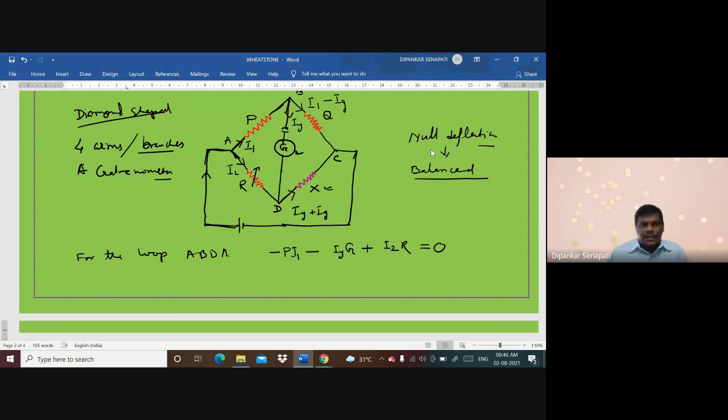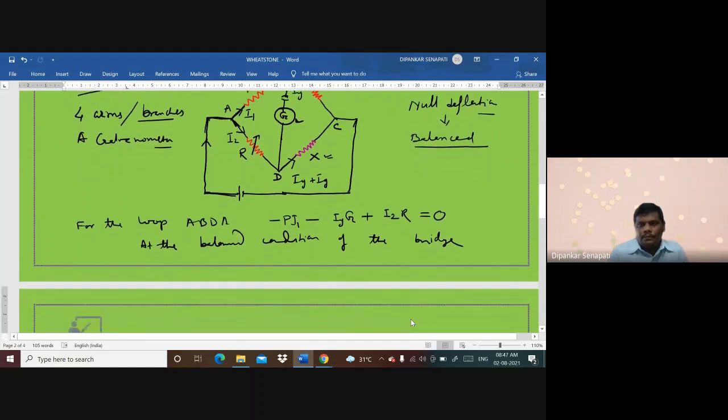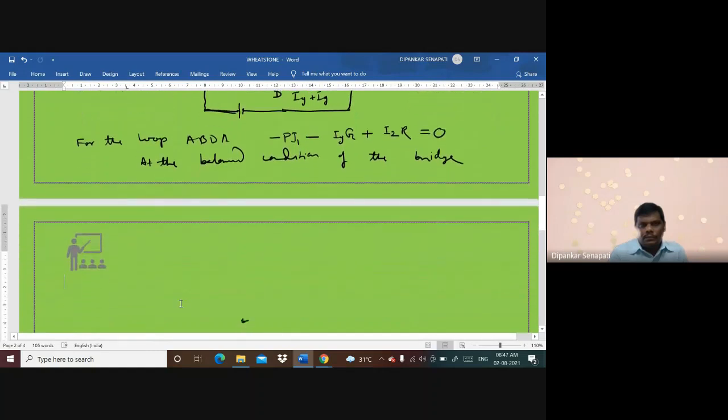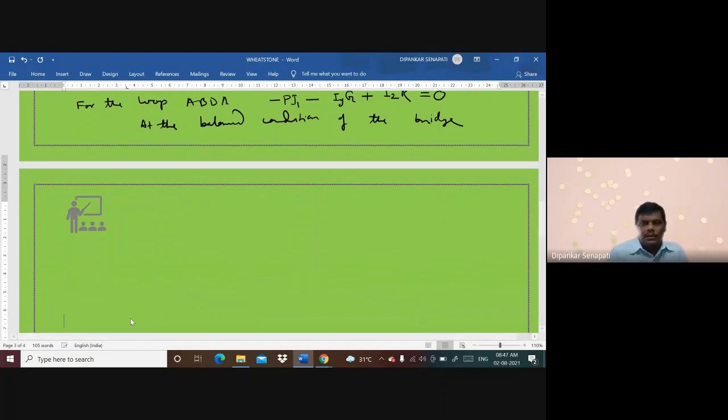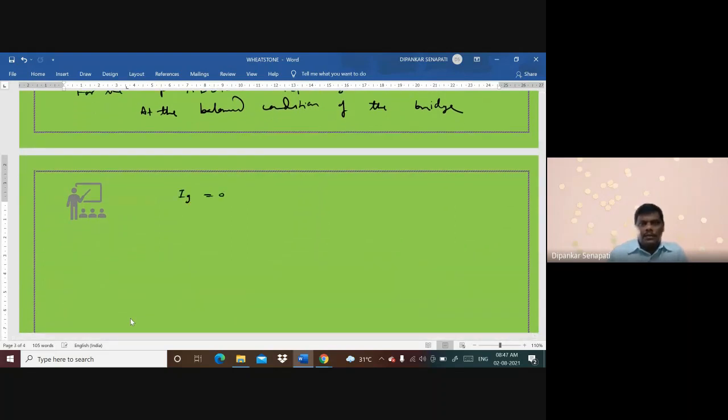At the balanced condition of the bridge, we can write that Ig is equal to 0, and therefore the equation becomes I1P plus I2R is equal to 0, or we can write that P by R will be equal to I2 by I1, equation number 1.